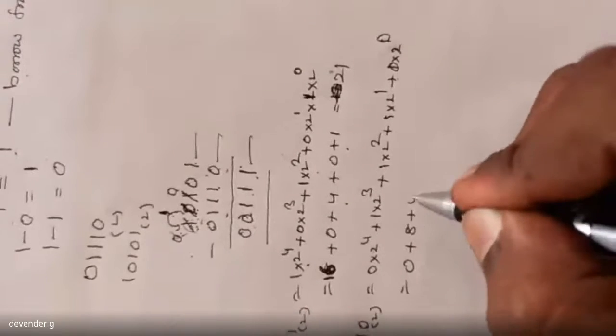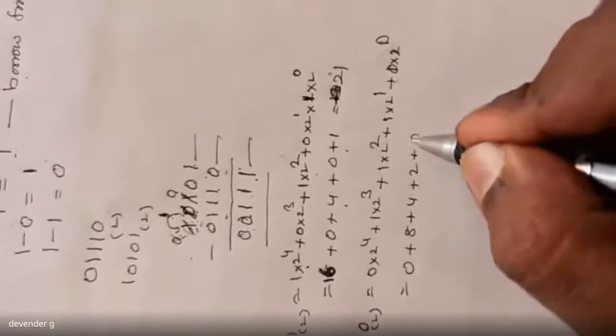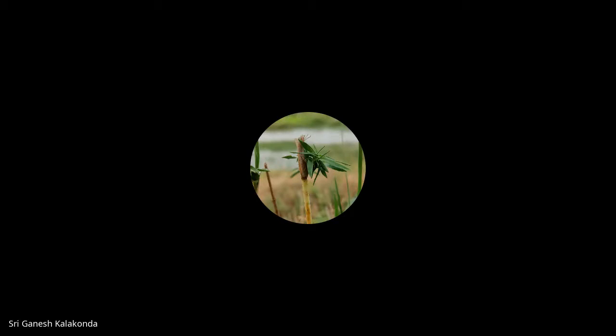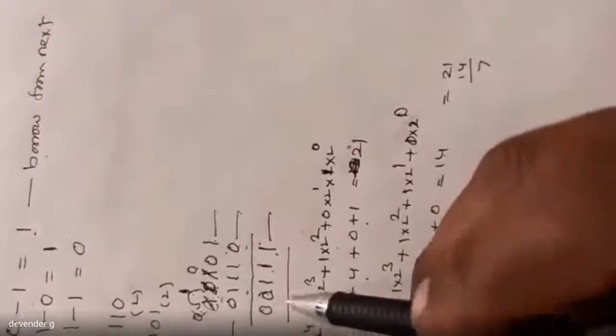So this is 0, this is 8, this is 4, this is 2, this is 0. So this is 14. Okay, so 21 minus 14, how much? 7. Now we'll see whether this is 7 or not.